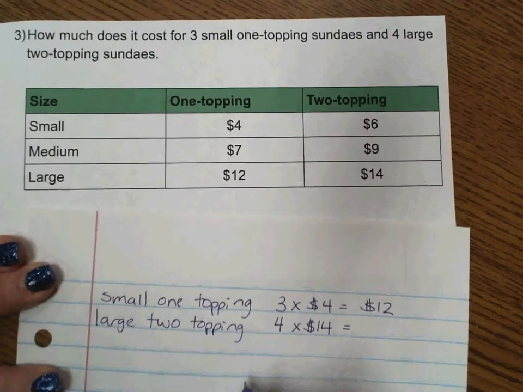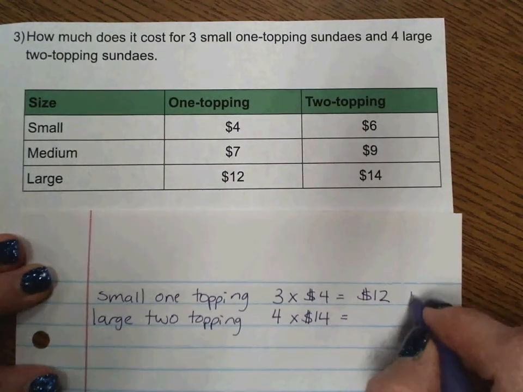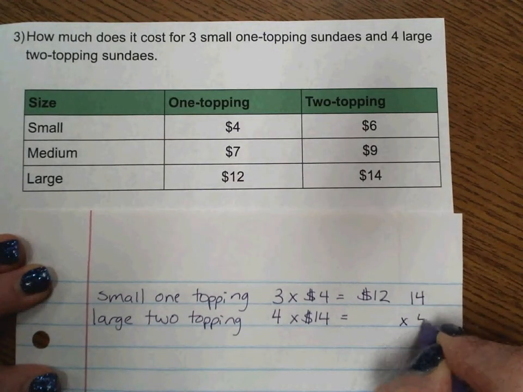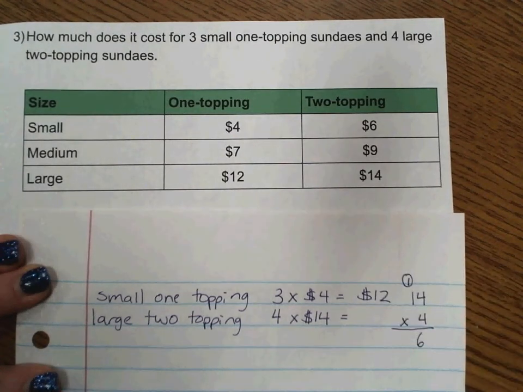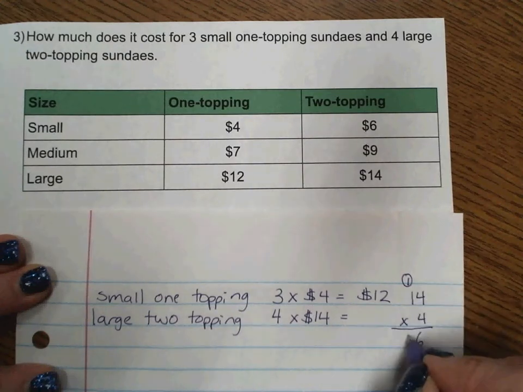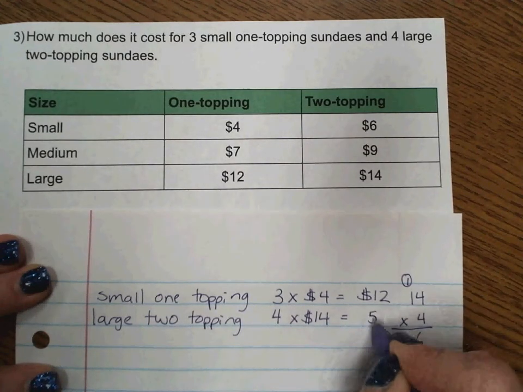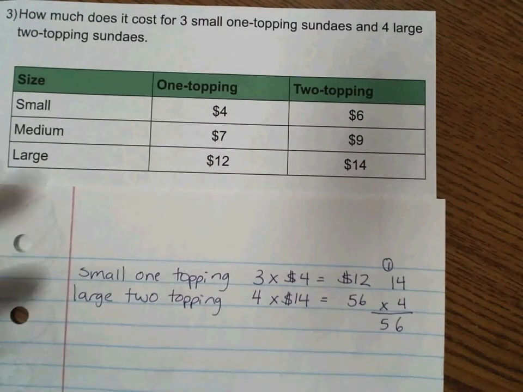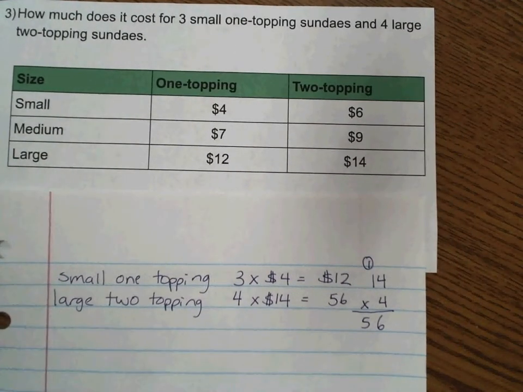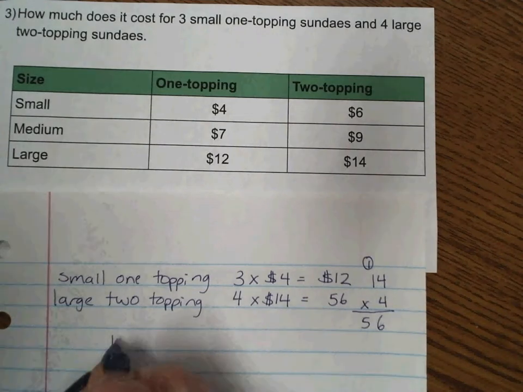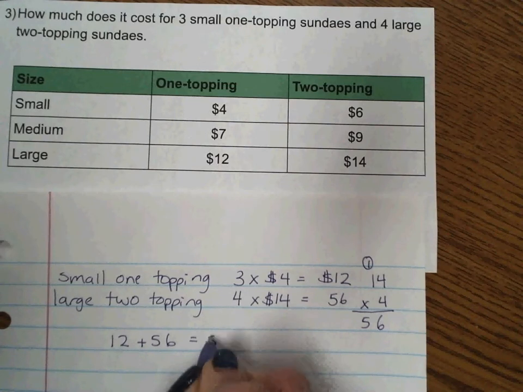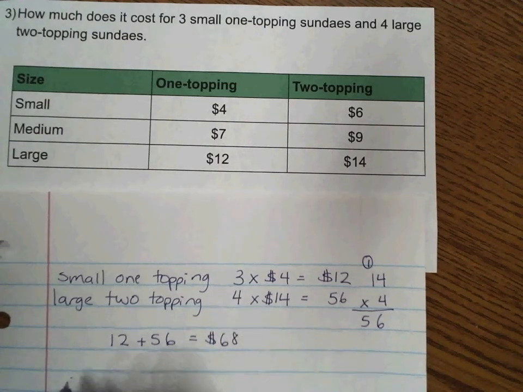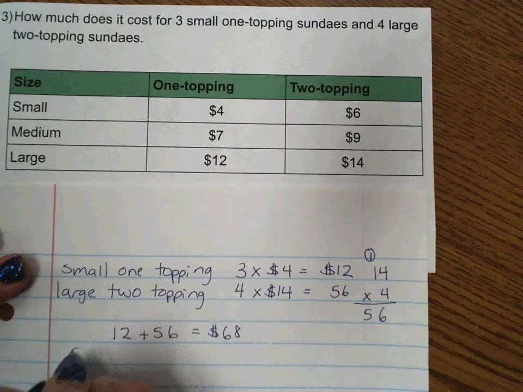So if I do 14 times 4, 4 times 4 is 16, regroup the 1, 4 times 1 is 4, plus 1 is 5. So that would be $56. And to figure out how much they spent in all, I would add together the $12 plus the $56, and I would get $68.